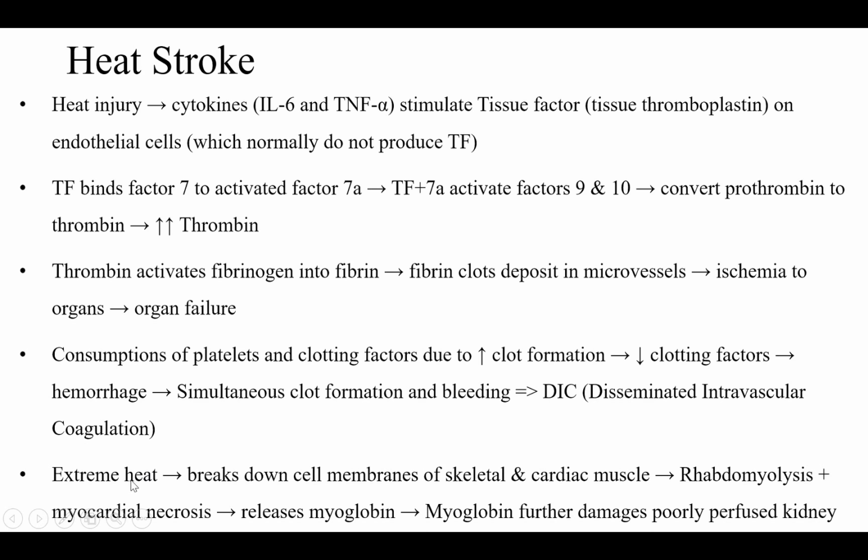Another manifestation of extreme heat is that it breaks down cell membranes of skeletal and cardiac muscle, and that causes rhabdomyolysis and myocardial necrosis, and this releases myoglobin, and myoglobin further damages the poorly perfused kidney.